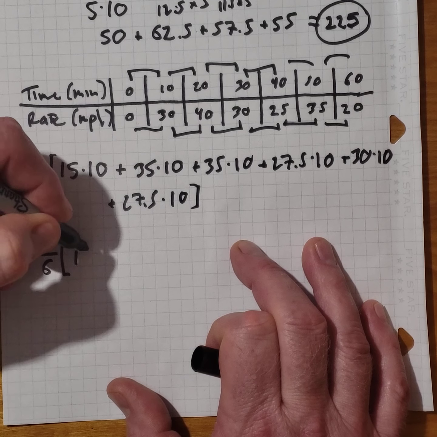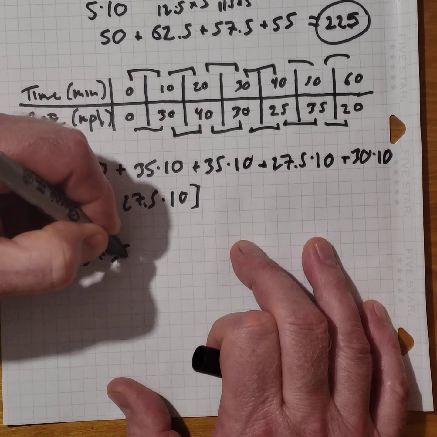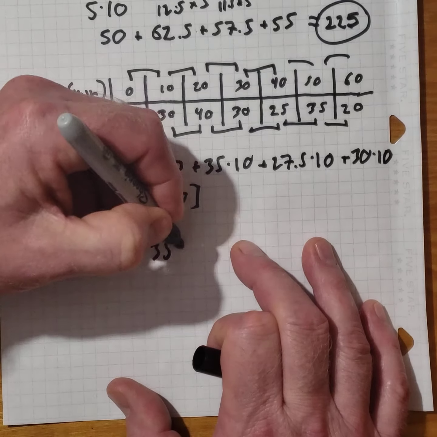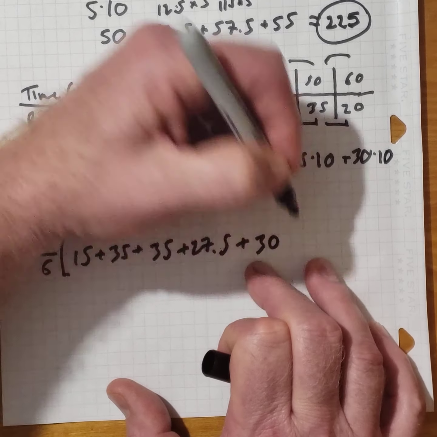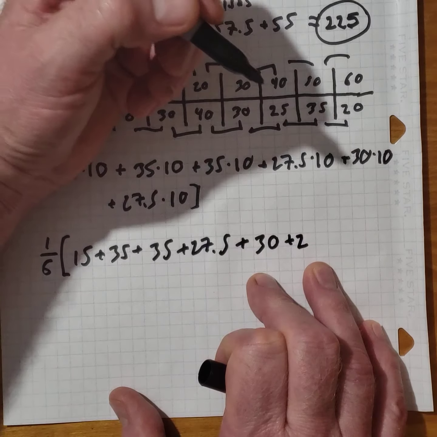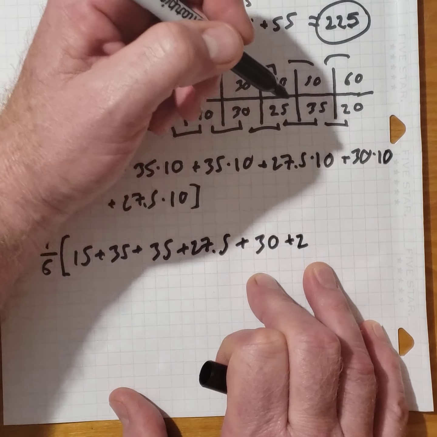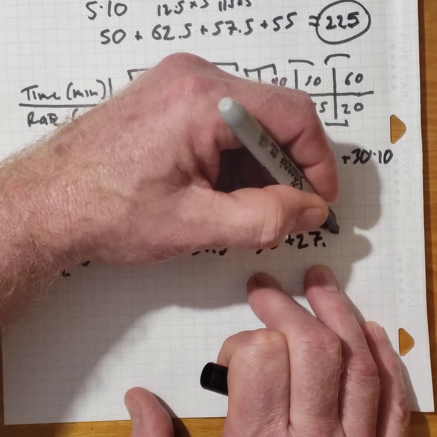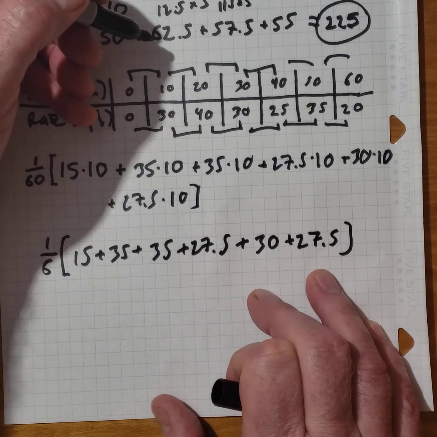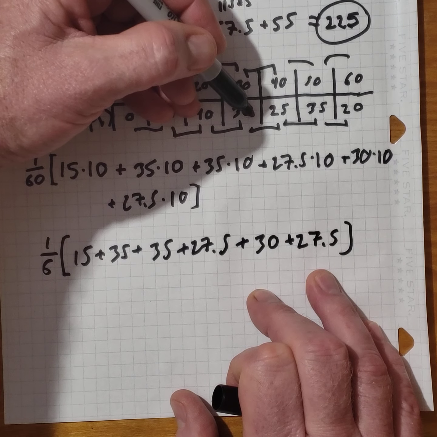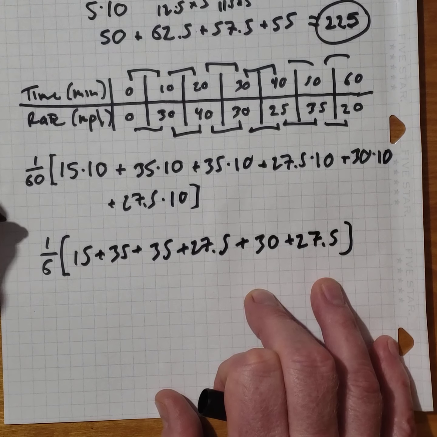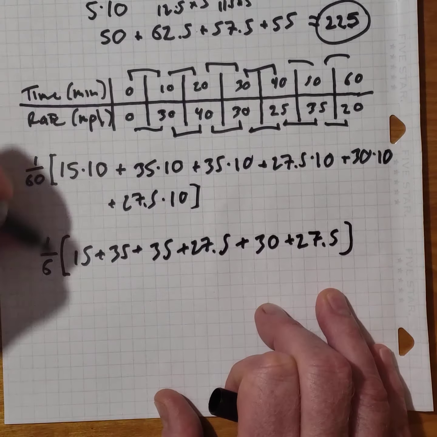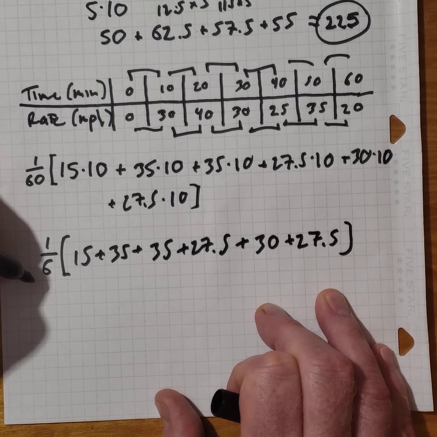And then just add the 15 plus 35 plus 35 plus 27.5 plus 30 plus 27.5 again. And one of those is wrong. I just realized that. Maybe not. No, I think those are right. So whatever you get when you add those together, multiply by 1/6 or divide by 6.